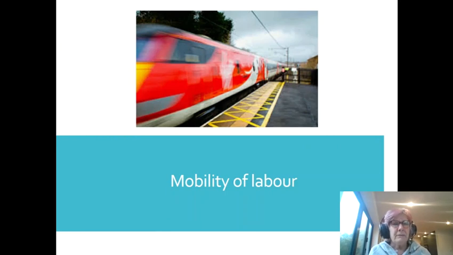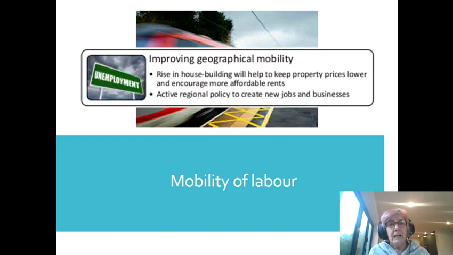And then there's mobility of labour. It's difficult for businesses to get the best people into the right job if it's difficult for those people to travel around. So it's important that people can travel around and get to different workplaces as the workplace changes, and that means a good, efficient, effective and affordable public transport service.